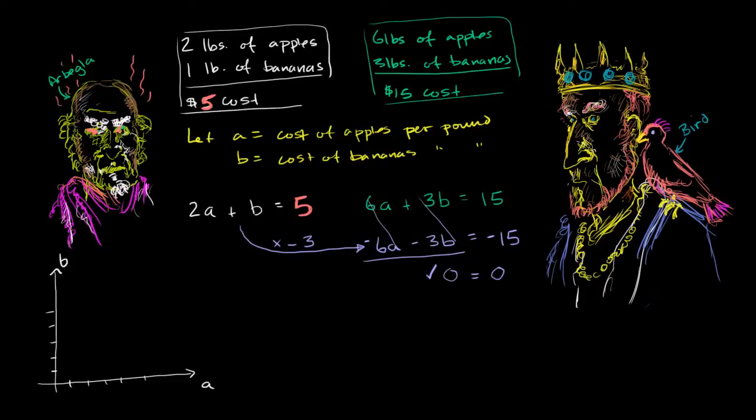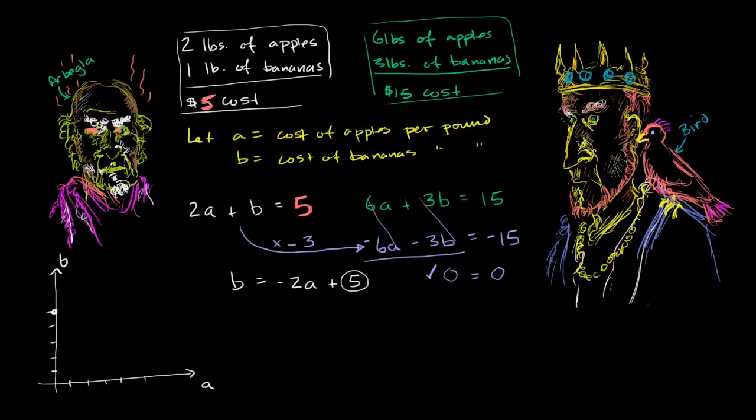So this first equation, if we subtract 2a from both sides, I'm just going to put it into slope-intercept form, you get b is equal to -2a plus 5. All I did is subtract 2a from both sides. If we were to graph that, our b-intercept, when a is equal to 0, b is equal to 5. So that's right over here. And our slope is -2.